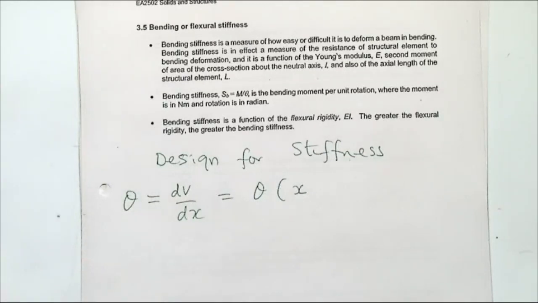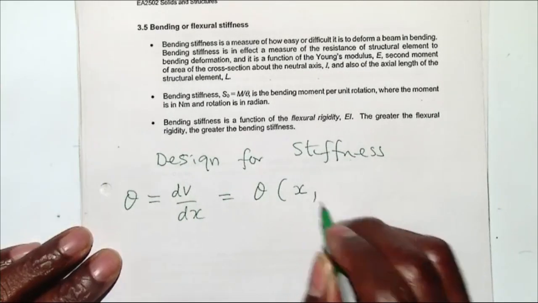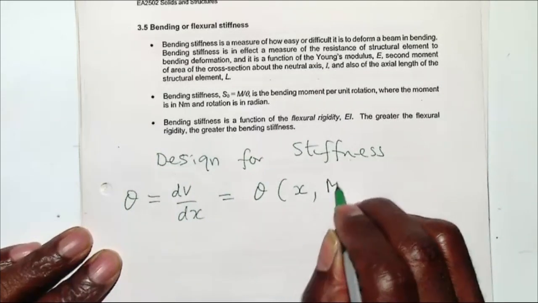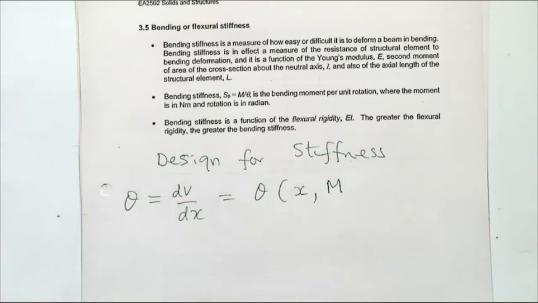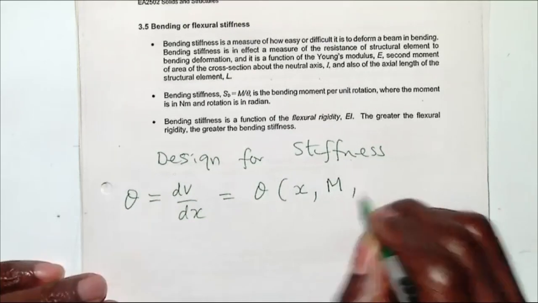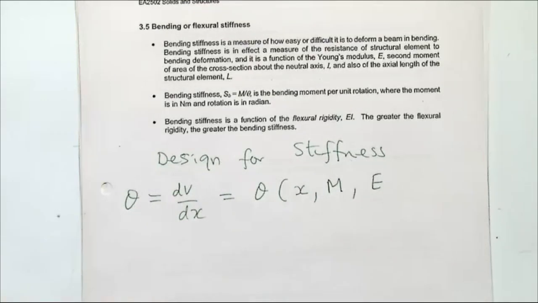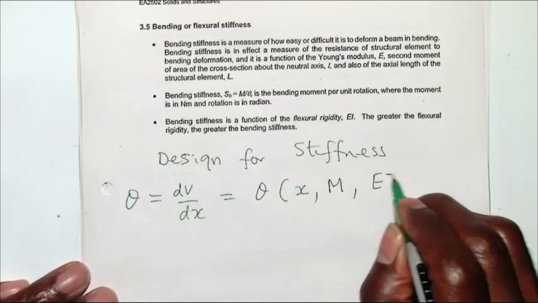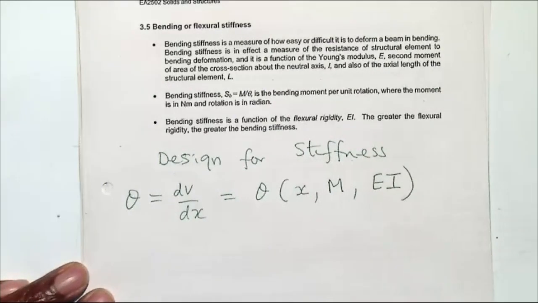So what x is, it will be a function of the magnitude of the bending moment that you apply. If you apply a very large bending moment, then it will deform more. It will depend on the magnitude of the modulus of the material. It will also depend on the second moment of area of the particular cross section that you are using.